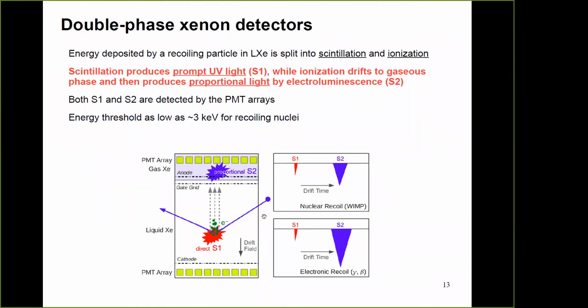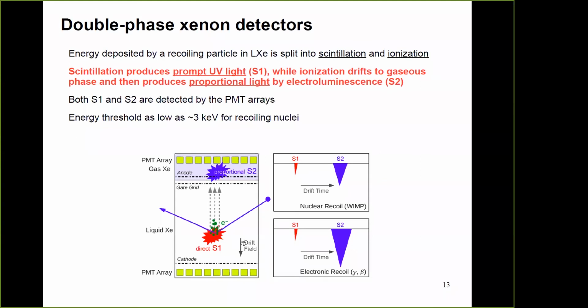So first, imagine that we have, in our case, a WIMP that interacts with a nucleus and makes it recoil in the target, in the liquid target. So that particle that is recoiling produces two signals, scintillation and ionization. And the amount of scintillation and ionization that are produced in the recoil depends on the recoiling particle.